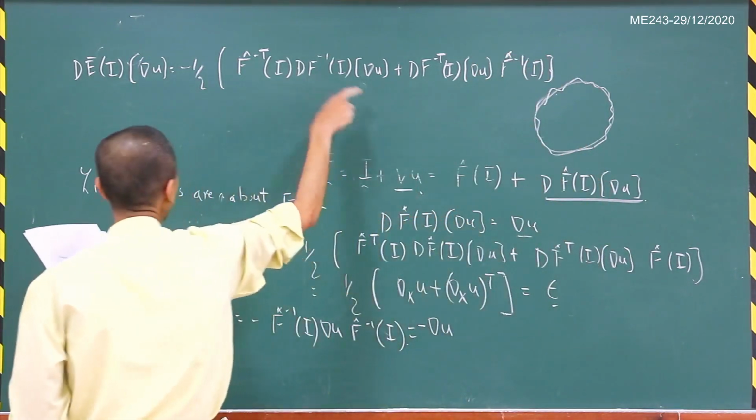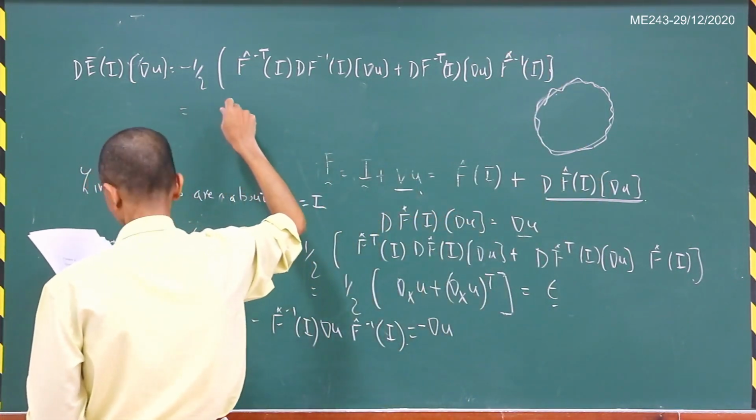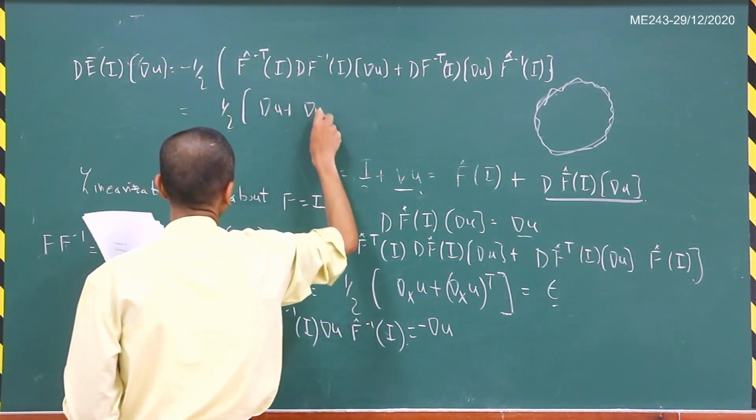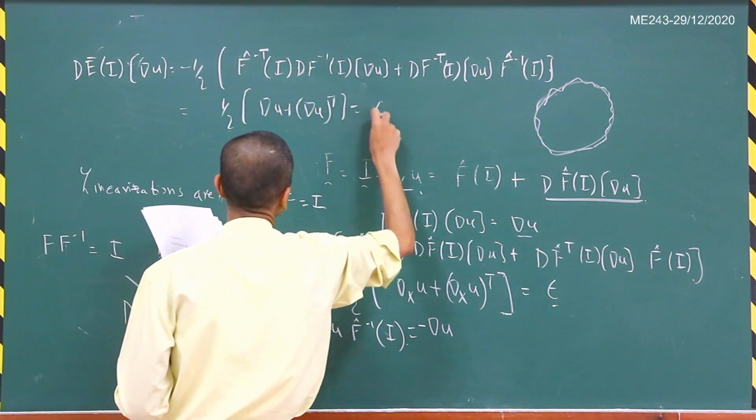And so if you evaluate this particular expression, you will get that it is equal to half of del u plus del u transpose, which is also equal to epsilon.